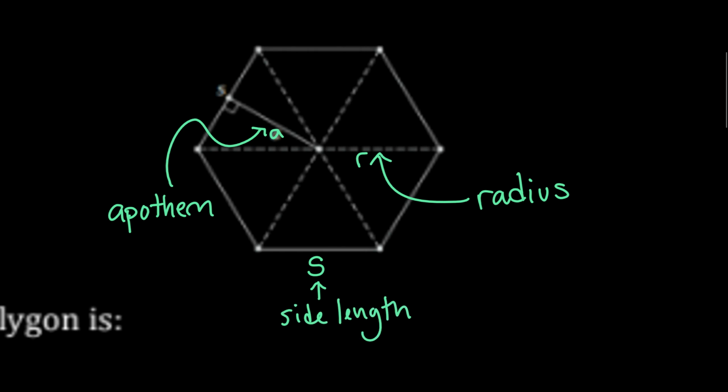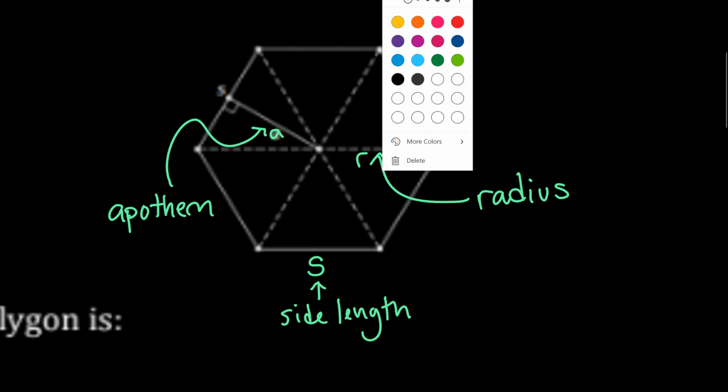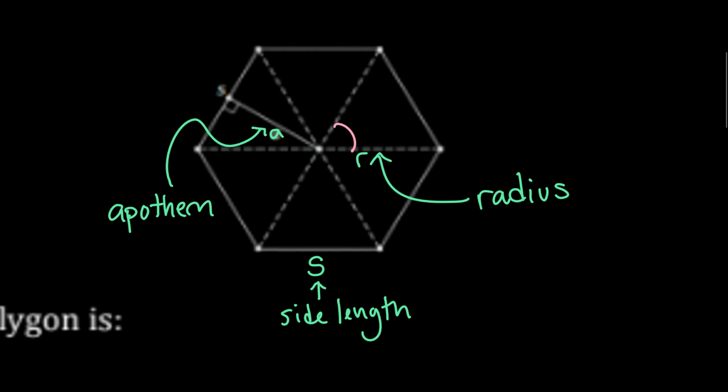And we also have what is called a central angle. Now, last unit we learned, where is the central angle located? In the center. Now, on a polygon, the central angle is specifically the angle that goes from a radius to a radius. So this right here is a central angle.